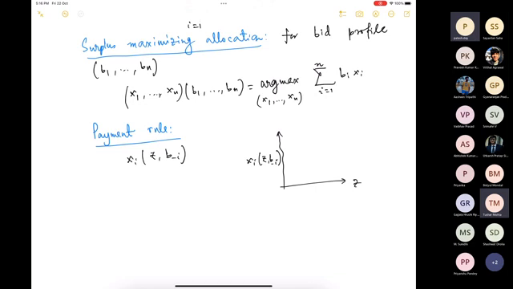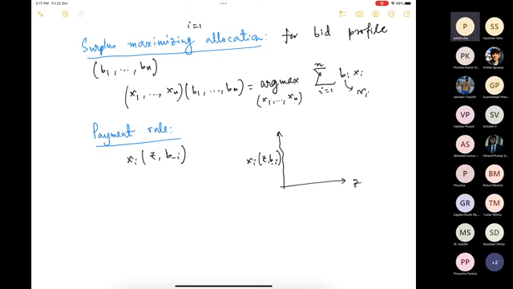Sir, I have a confusion regarding Bi. If we have assumed that the process is DSIC, then why aren't we using vi instead of bi? Oh, here we can use vi also. Here I can write vi also. That is also fine. But vi are constant, right?